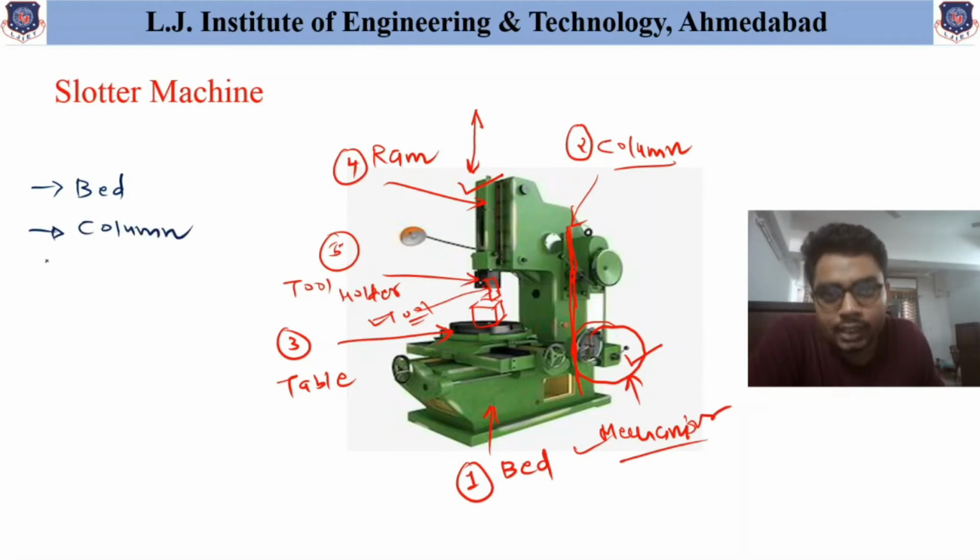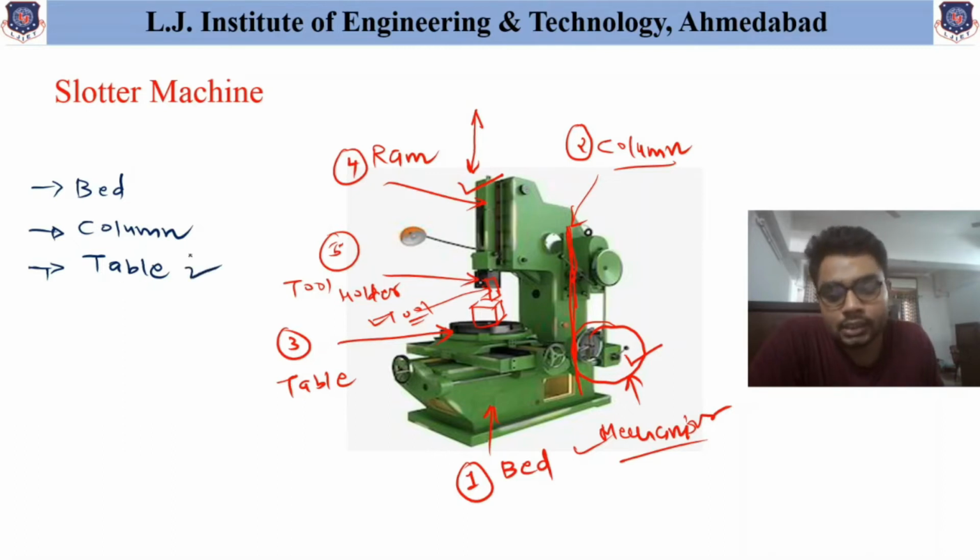The next important part is the column, the vertical part. The next is the table, which is used to hold and support the workpiece, and this table is also used to provide axial movement, that is movement in the x direction and in the y direction, to the workpiece.